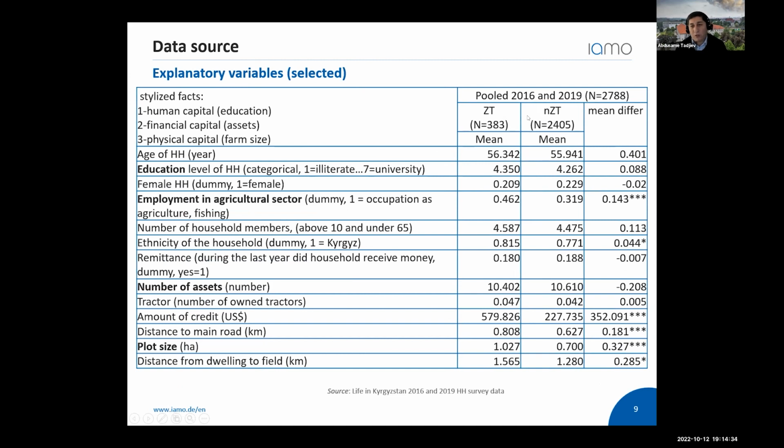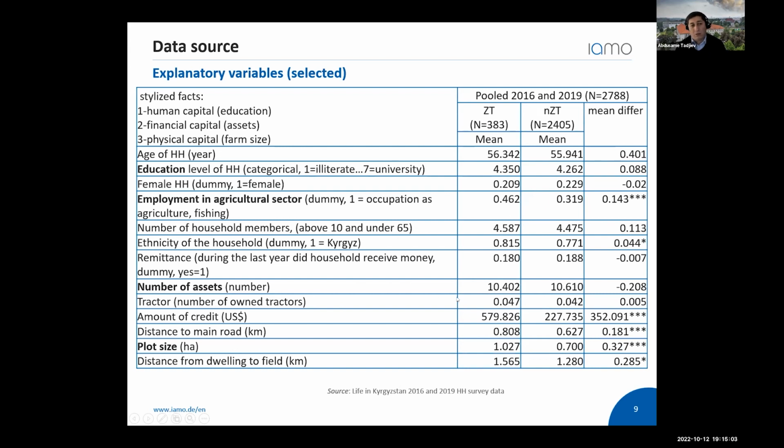We pooled the data, and as you see, the education level of households, employment in the agriculture sector, and plot size are higher for zero tillage adopters compared to non-adopters. However, the number of assets is lower for zero tillage adopters compared to non-adopters.